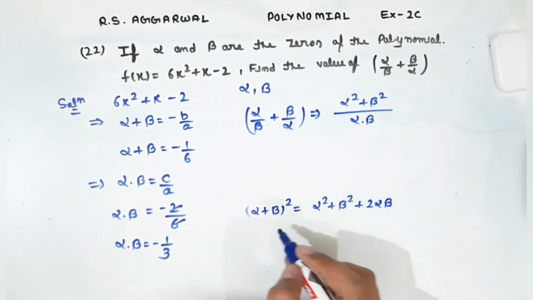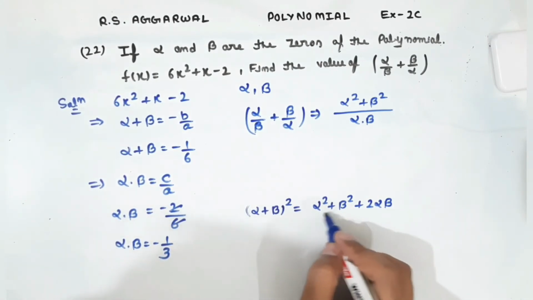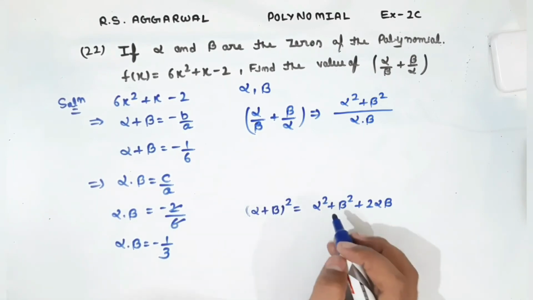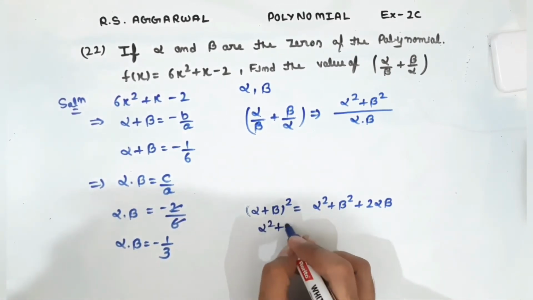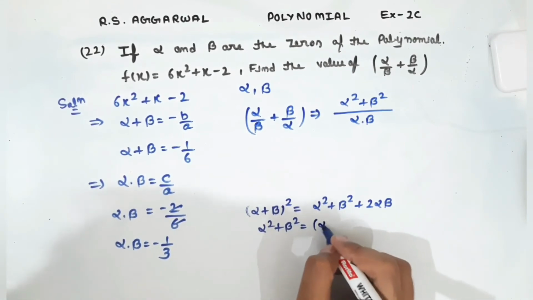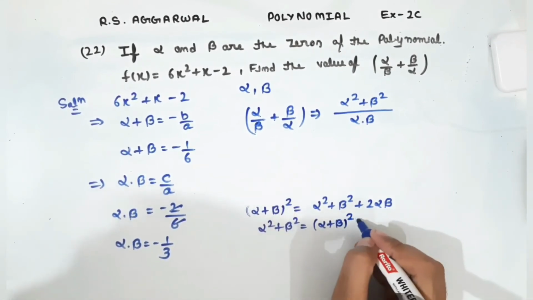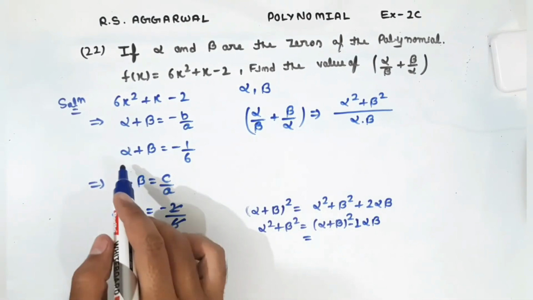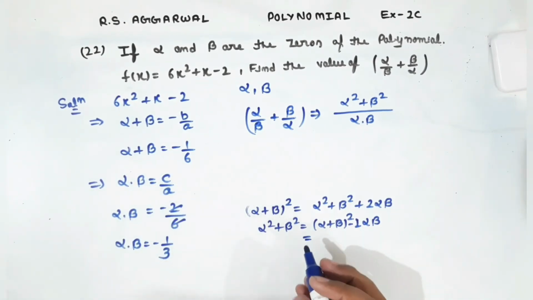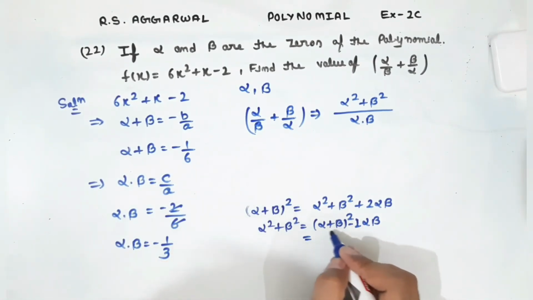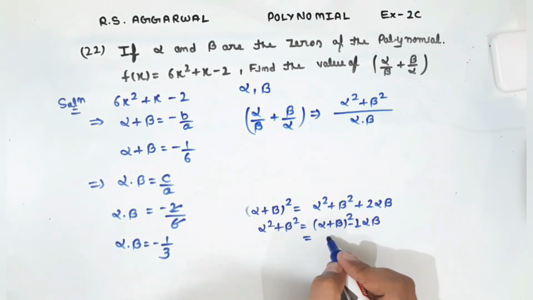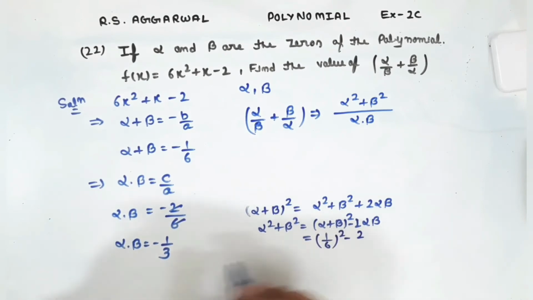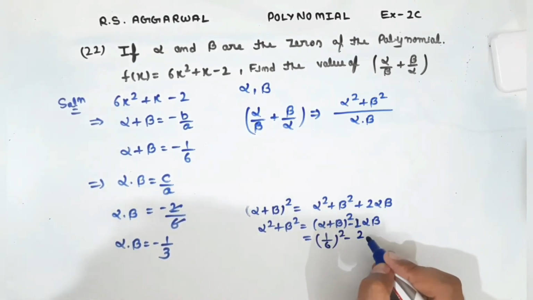So from here alpha square plus beta square will be equals to alpha plus beta whole square minus 2 alpha beta. So we have value of alpha plus beta, that is minus 1 upon 6. So alpha plus beta whole square will be equals to 1 upon 6 whole square minus 2 alpha into beta, which is minus 1 upon 3.